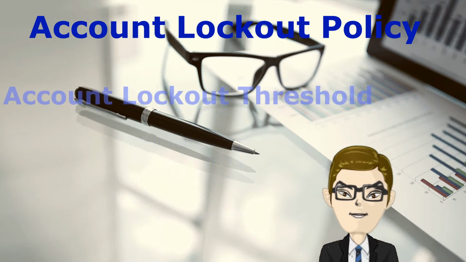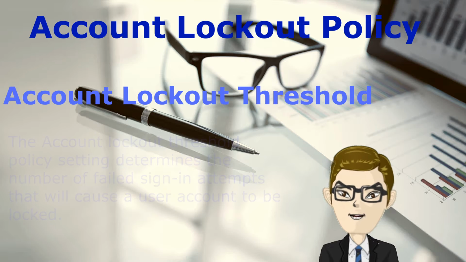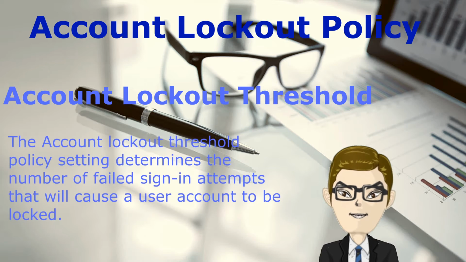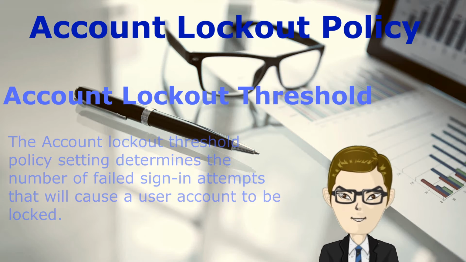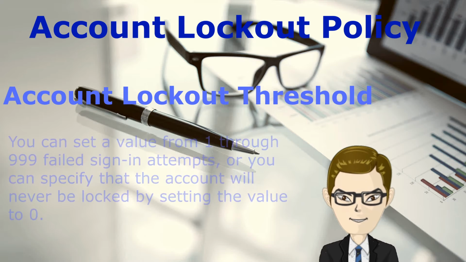Now let's look at account lockout threshold. The account lockout threshold policy setting determines the number of failed sign-in attempts that will cause a user account to be locked. A locked account cannot be used until you reset it or until the number of minutes specified by the account lockout duration policy setting expires.